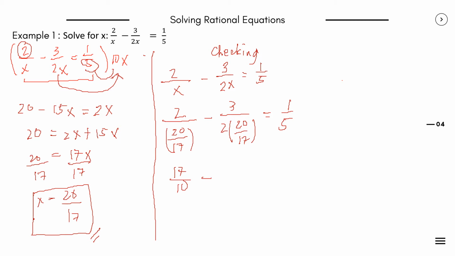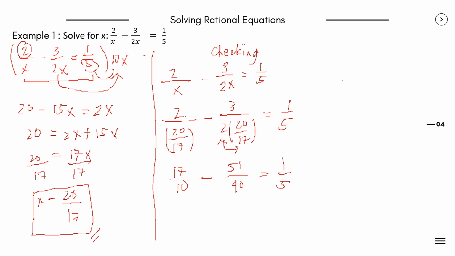Minus, so 3, magiging 40 over 17. Kaya pag-multiply natin siya, then magiging 51 over 40. Is equals to, bring down 1/5.